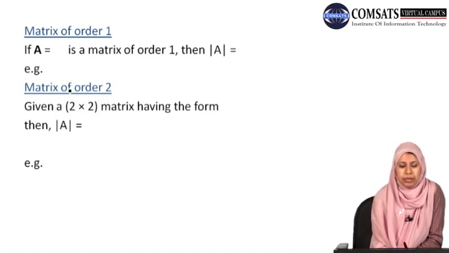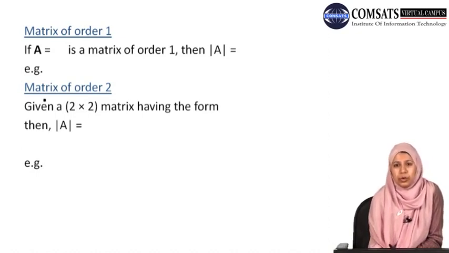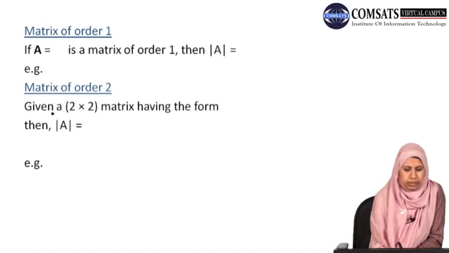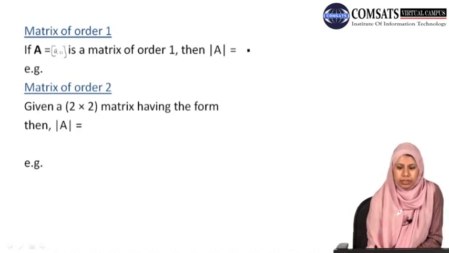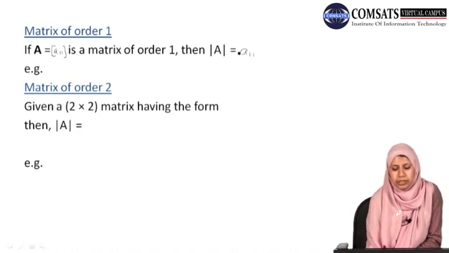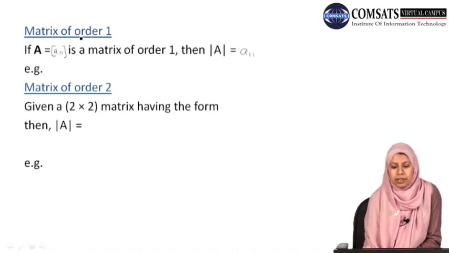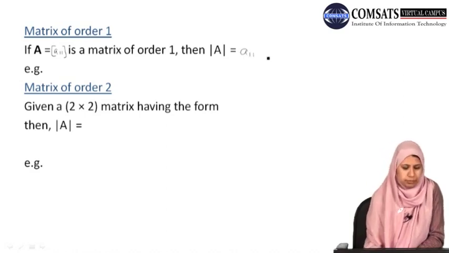If our matrix A is a square matrix of order 1, that is, it has one row and one column, with only one entry A11, then the determinant of this matrix will be nothing but the entry of the matrix.